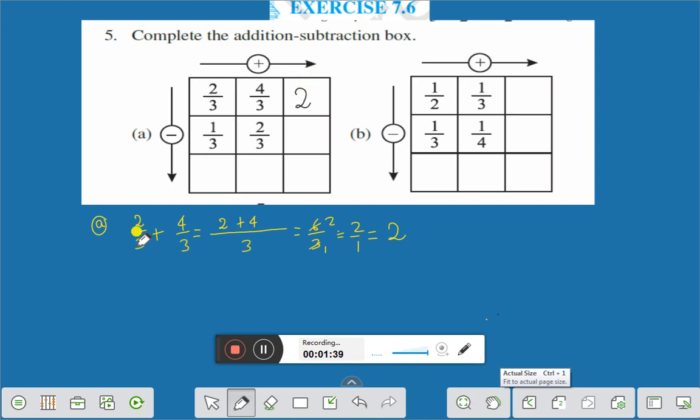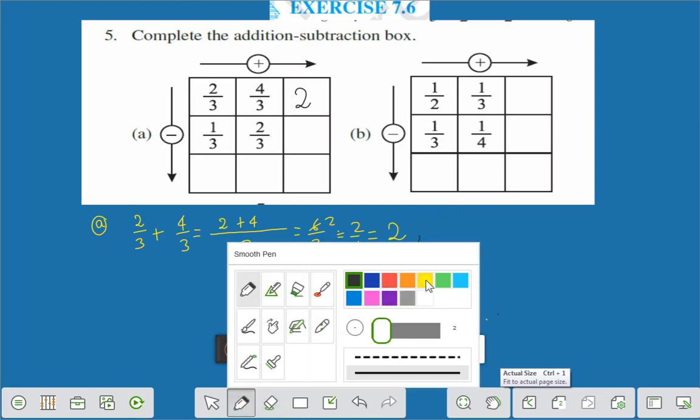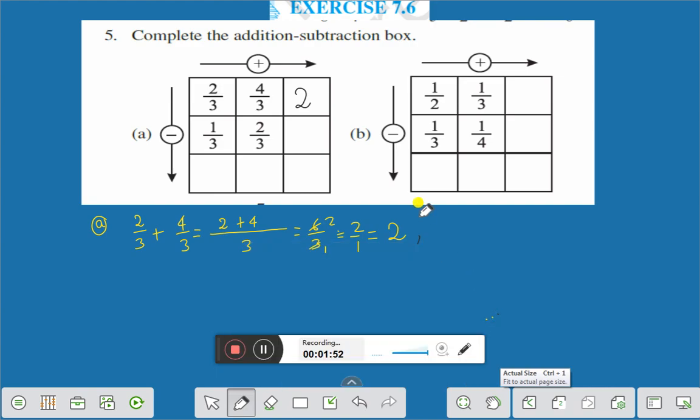Now, in this direction, you have to add 1 by 3 plus 2 by 3.